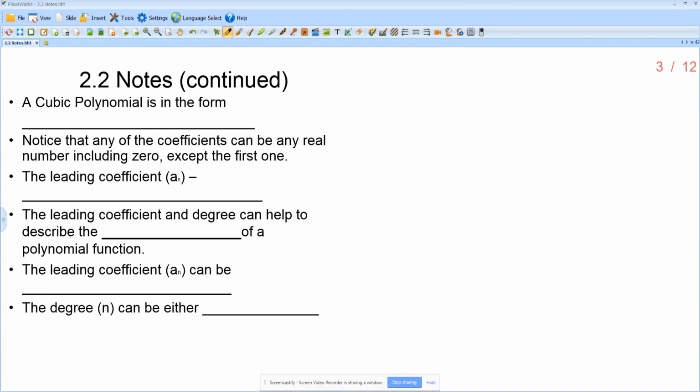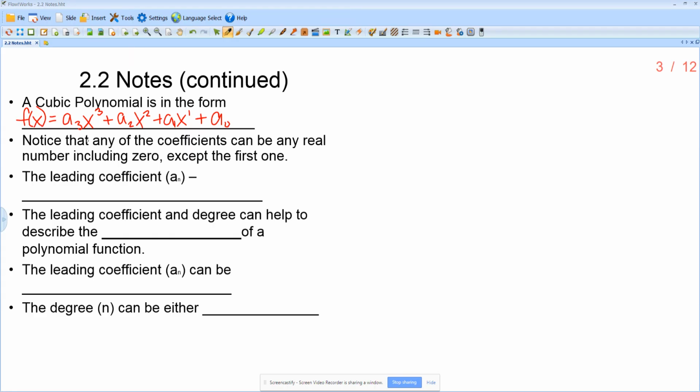All right, moving along. A cubic polynomial. So when we talk about a cubic polynomial, we're talking about something in the form of f of x equals a sub 3 x cubed plus a sub 2 x squared plus a sub 1 x to the first, plus a sub 0, and then there's no x.